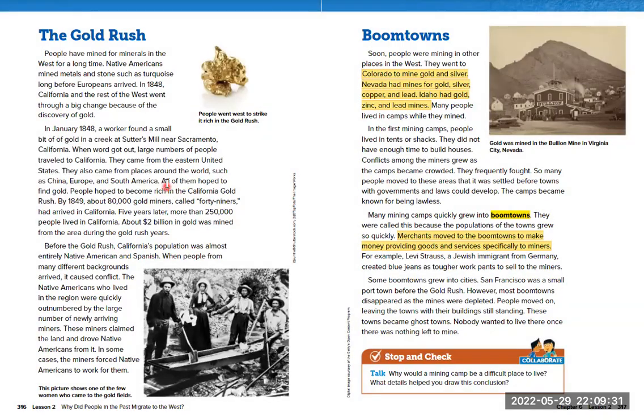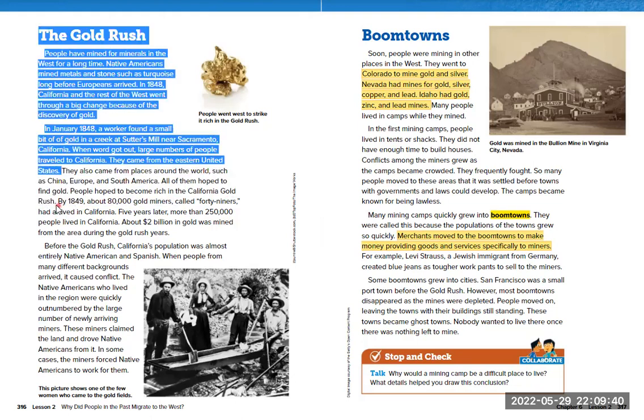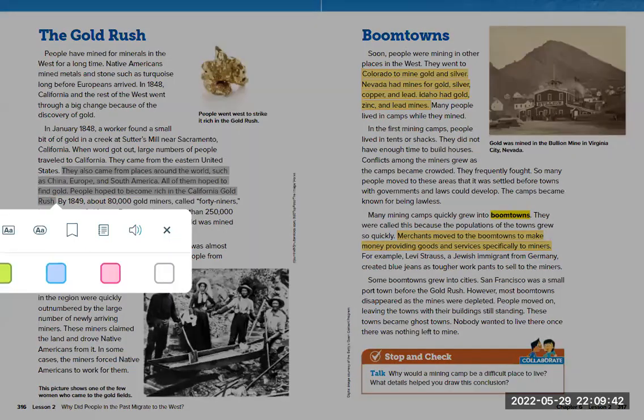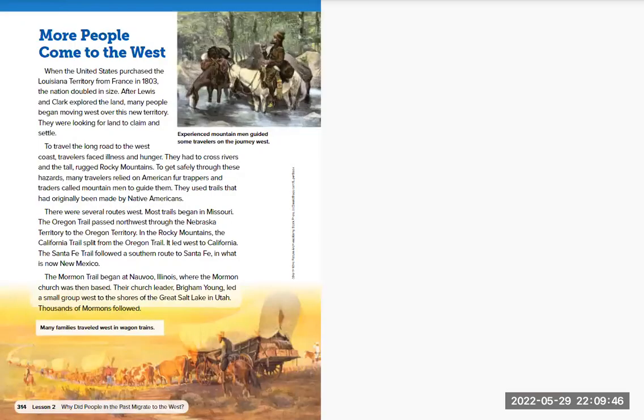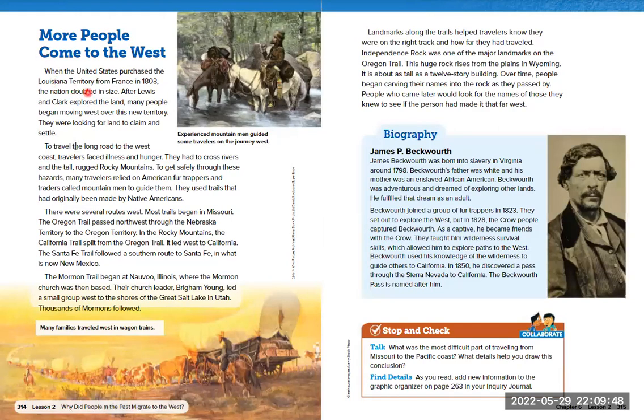All of them hoped to find gold. Some of them were from China, Europe, South America. And that is another reason that you can use, straight from your text. So that means you need to find information using text information.